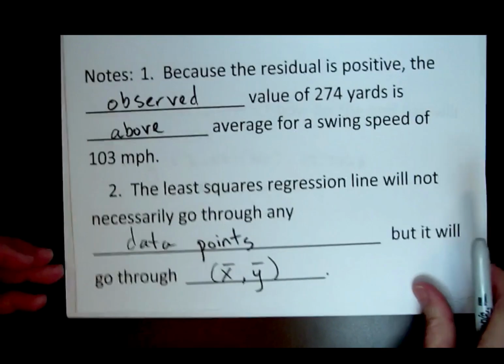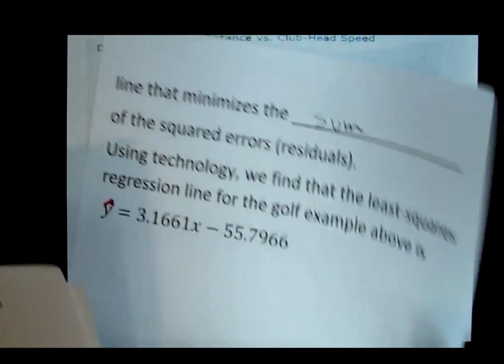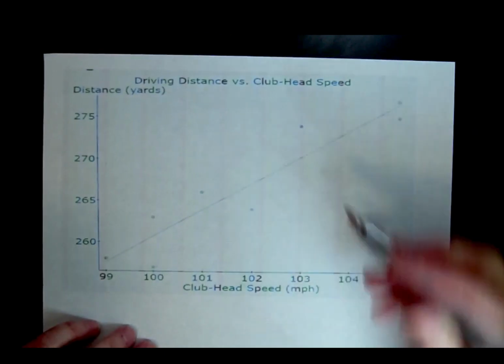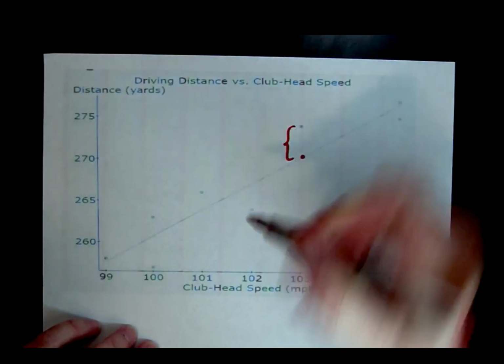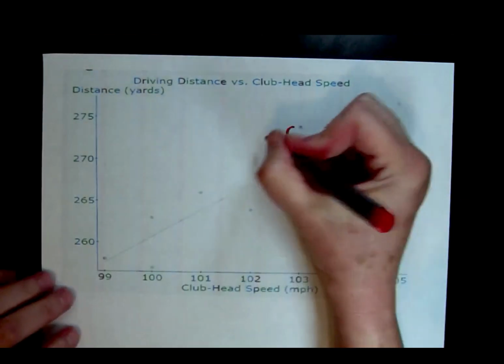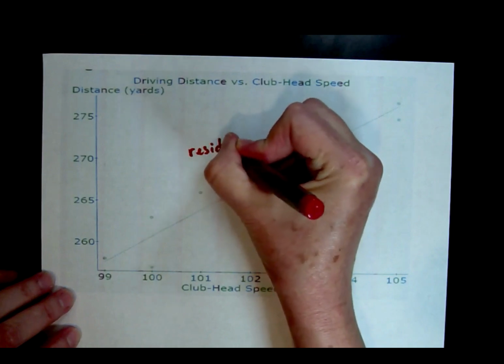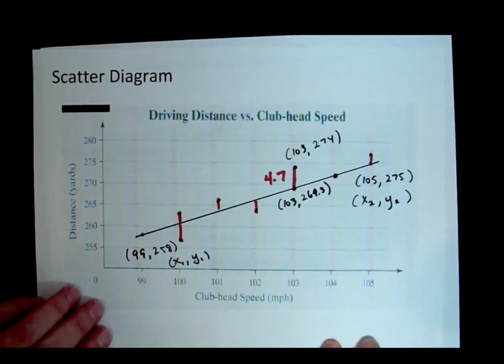One other thing I want to mention is that it so happens that the residual we found for 103 using our least squares regression line, that's going to be this distance, which we found to be 3.7 yards, happens to be less than the residual for x value 103 in our hand-drawn line, which is not the least squares regression line.